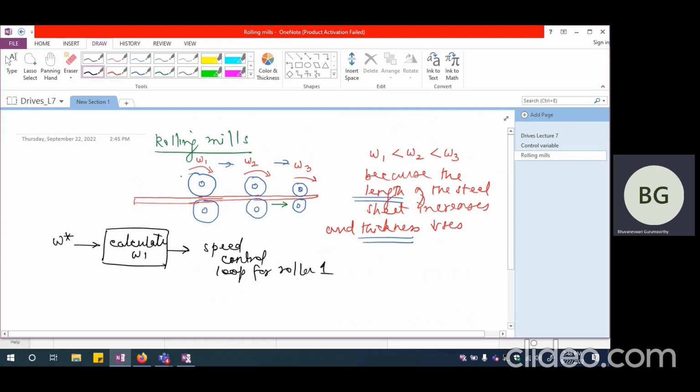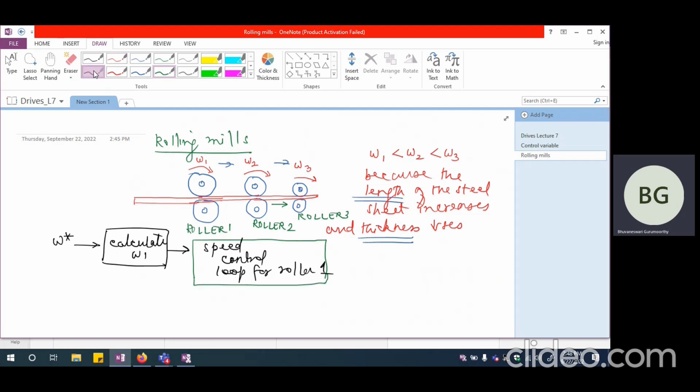So this is roller 1. Then this is going to be roller 2. And this is going to be roller 3. So this is going to control the roller 1 speed.